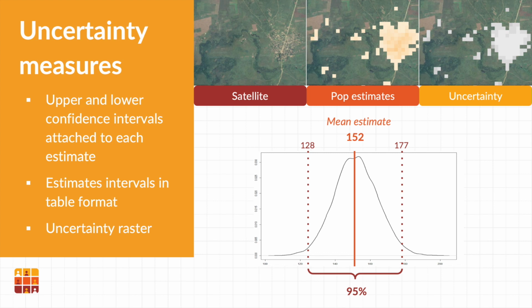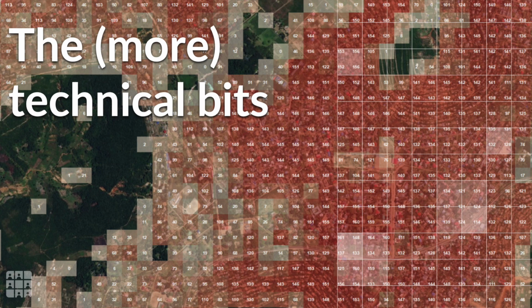So the mean estimate is going to be the most likely population count that can be observed in reality in this grid cell. But sometimes, for some analyses, we want to be 95% sure that there is at least this number of people, when planning for vaccination, for example. So given the goal of the analysis, different outputs can be needed.